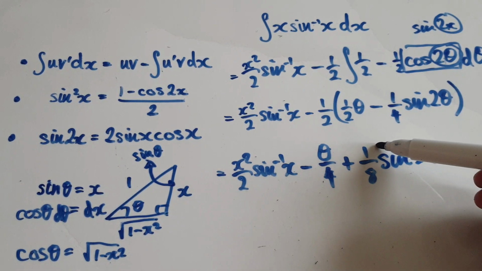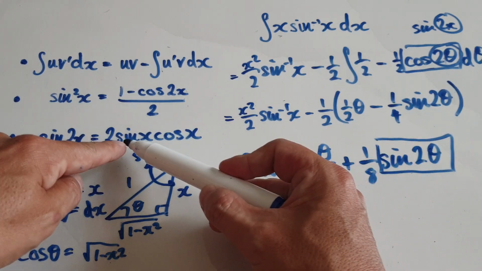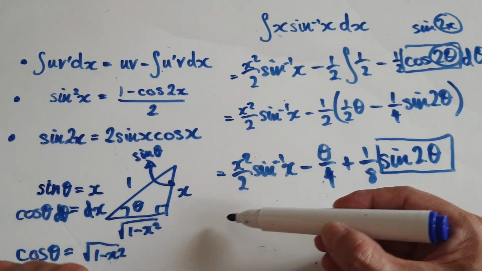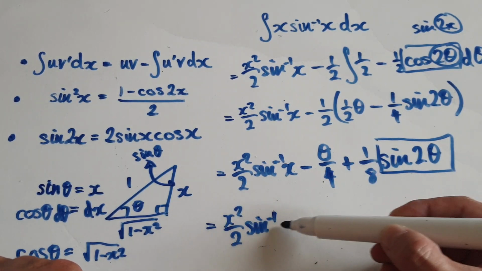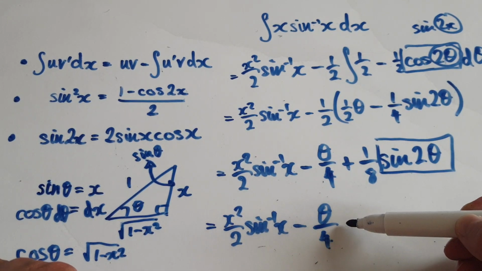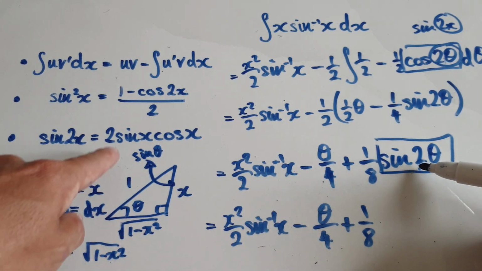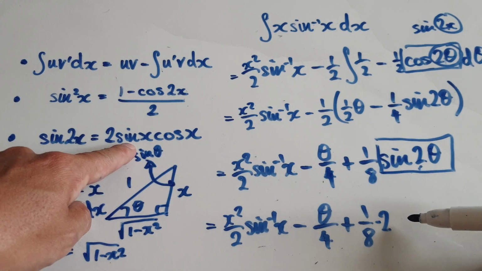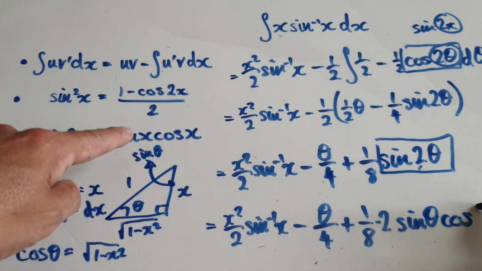Whenever you see sine 2 theta, you can replace it with 2 sine theta cos theta. So that would become x squared over 2 inverse sine x minus theta over 4 plus 1 over 8 times 2 sine theta cos theta.